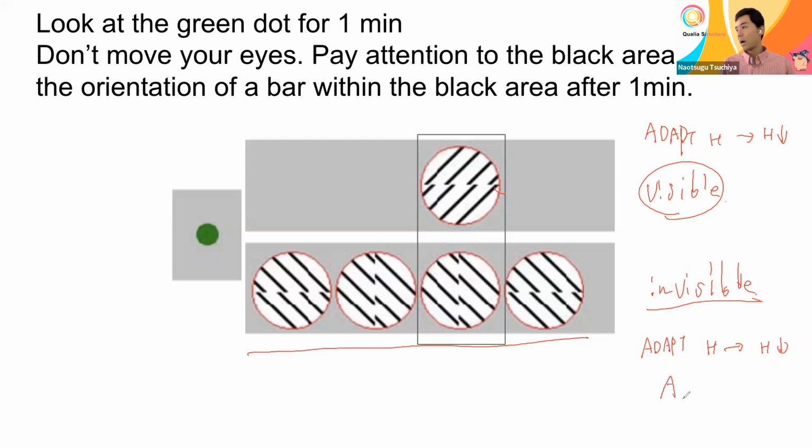So answer A is yes. And then B is no. Yes means it's basically the same effect as the conscious case. And then no is that if you don't see this adapter, you don't get that aftereffect. And C is, again, I don't know.